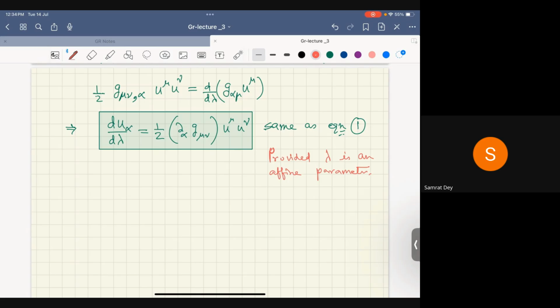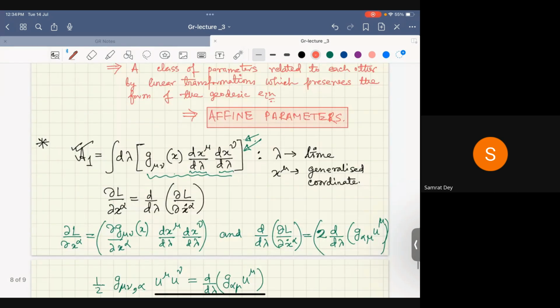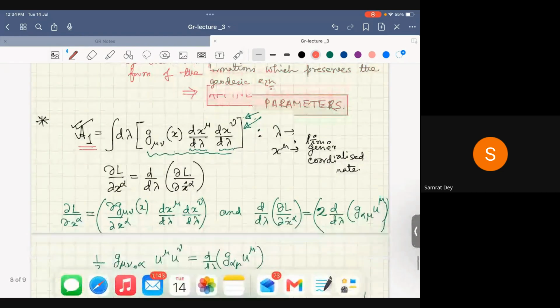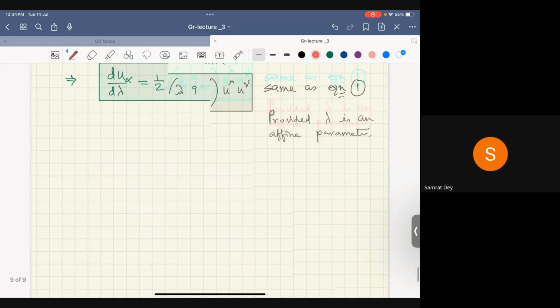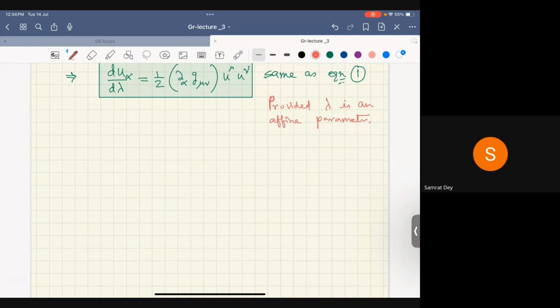So now it says that the variational principle based on the action A1, note that this is not the action A with which we derived everything so far, leads to the same equation of motion.